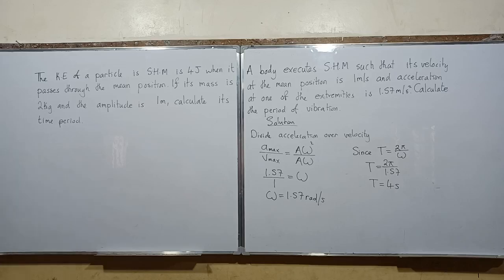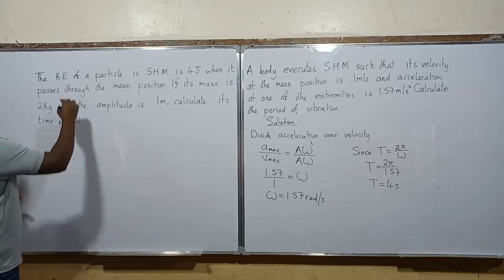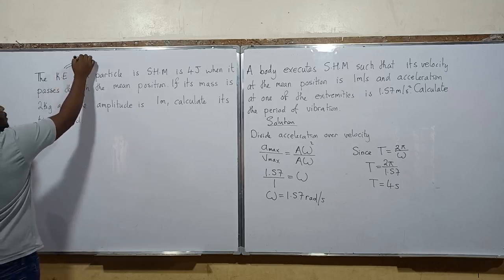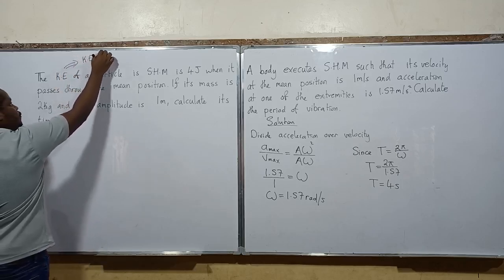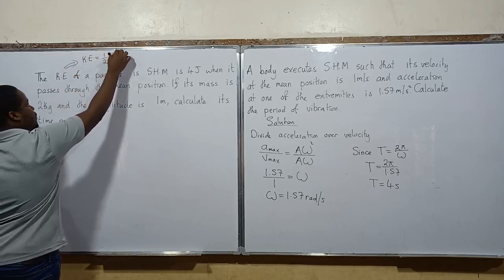So that's what we have. The kinetic energy of a particle in simple harmonic motion is 4 joules when it passes through the mean position. If its mass is 2 kg and the amplitude is 1 meter, calculate its time period. For this one, we start with what we've been given, kinetic energy. KE is equal to half mv squared.